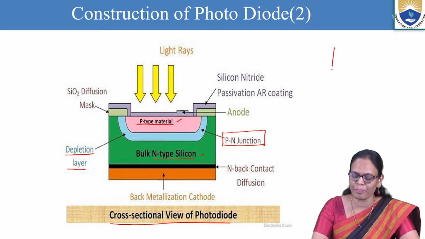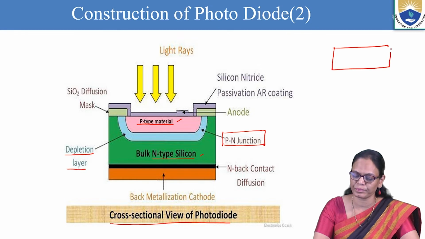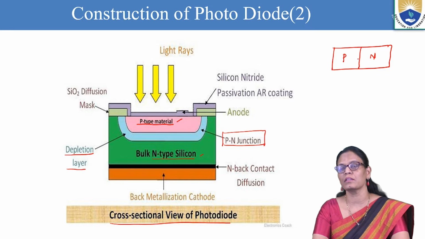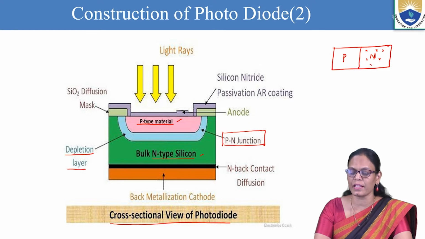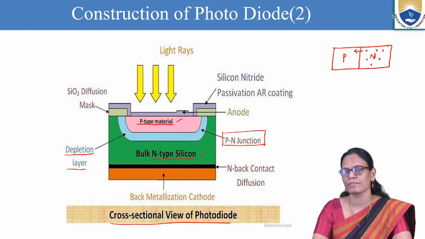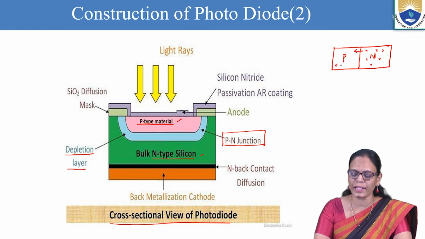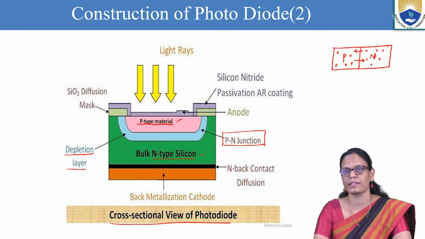When you have a p-type and n-type material placed together by any means, by diffusion say, the electrons, which are the majority carriers on the N side, will diffuse onto the P side, and the holes, which are the majority carriers on the P side, will diffuse onto the N side.